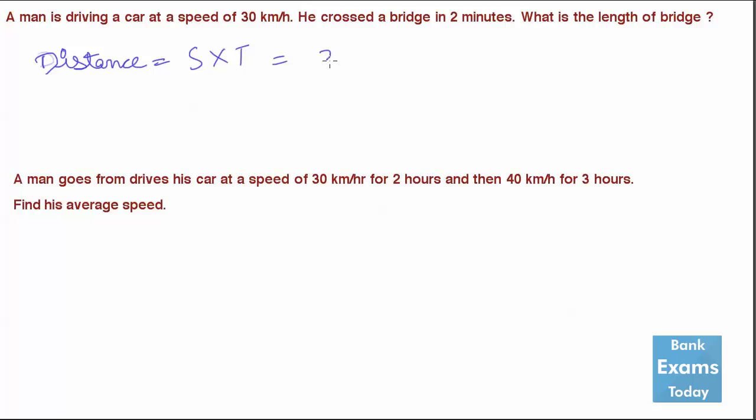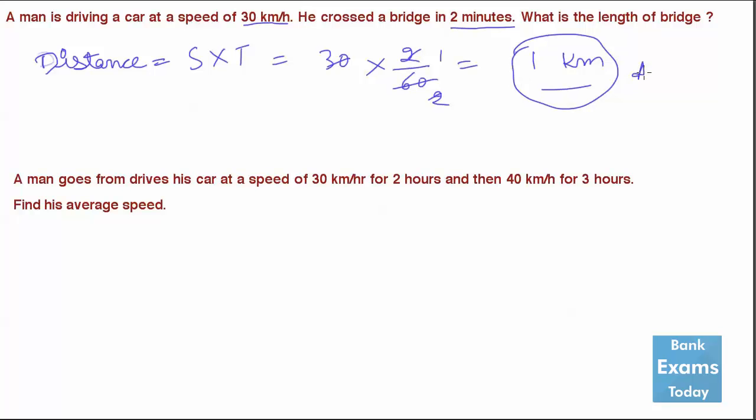Here the speed is 30 and, since the speed is given in kilometers per hour, you have to convert minutes into hours. So 2 divided by 60, so it comes out to be 1 kilometer, and 1 kilometer is our answer.